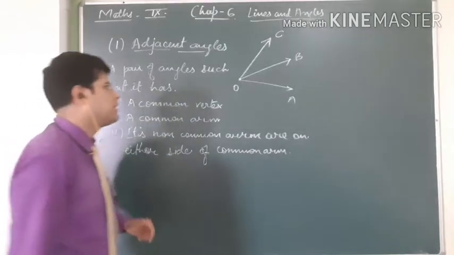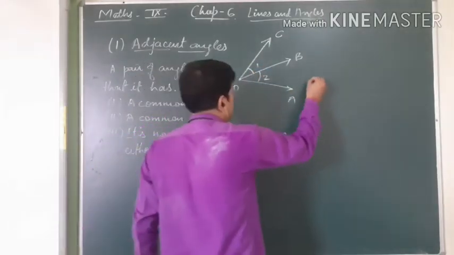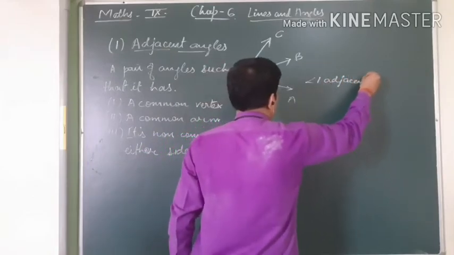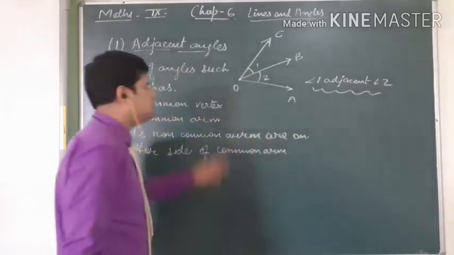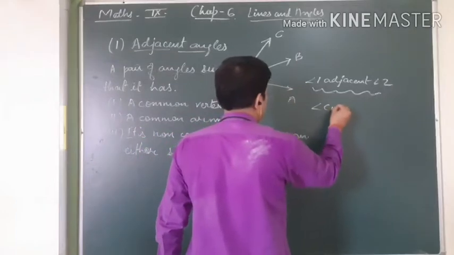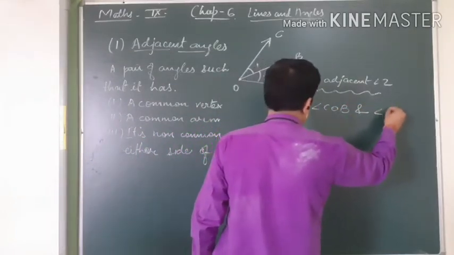So what are adjacent angles? Here angle 1 and angle 2 are adjacent. Angle 1 is adjacent to angle 2. Angle 1 refers to angle COB and angle 2 refers to angle AOB.